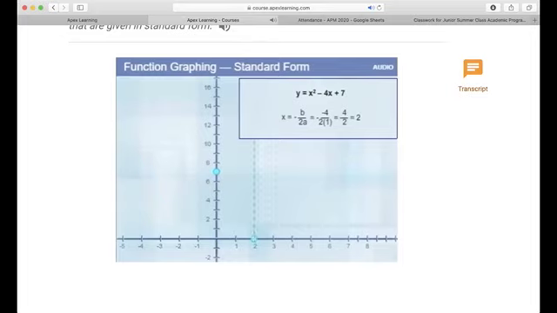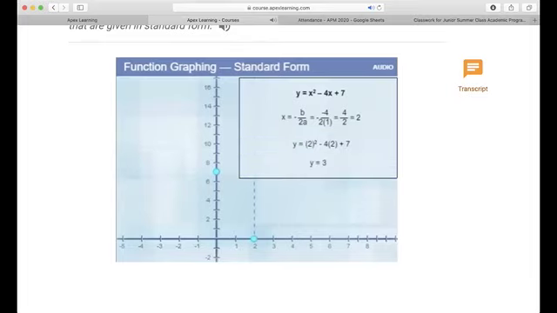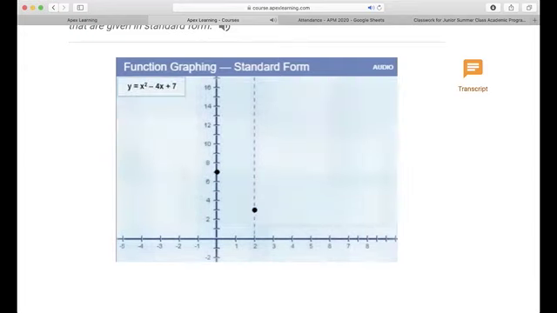Since the vertex is located on the axis of symmetry, you can find the y-coordinate of the vertex by evaluating the function at x equals 2. Doing this shows you that the vertex of the parabola will be located at x equals 2, y equals 3. You now know the axis of symmetry, the vertex, and the y-intercept for the function, and you also know it opens upward.